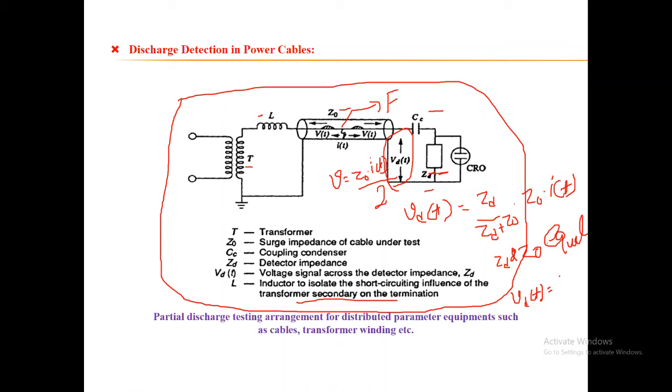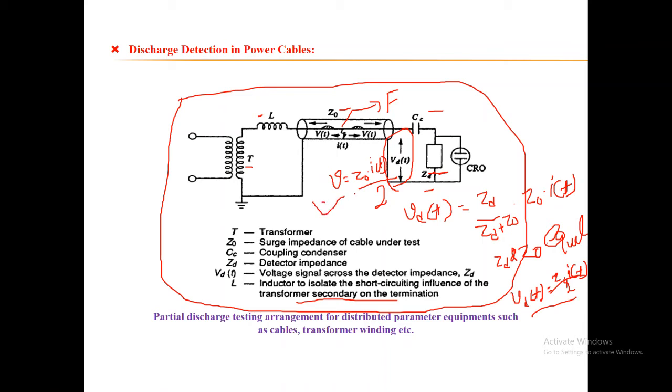It means that it will reduce to Z0 into I of t by 2. So here we can see that this equation Vd of t is the same as the equation of Vi.